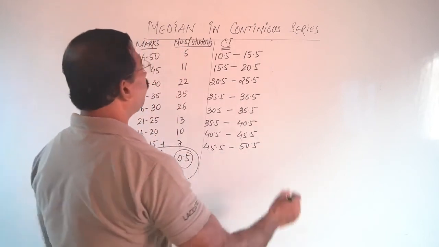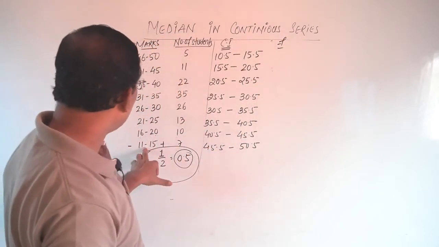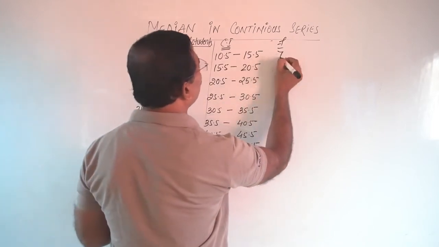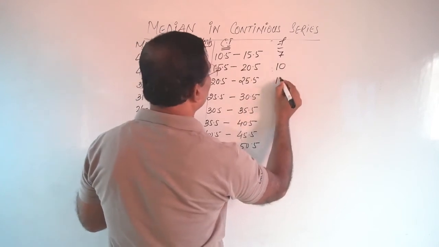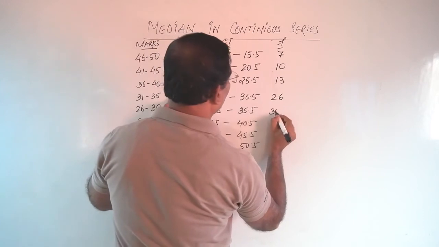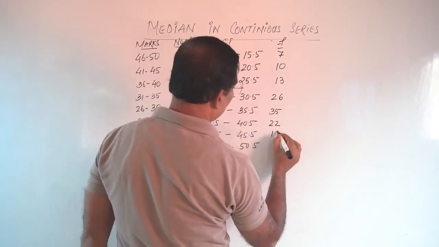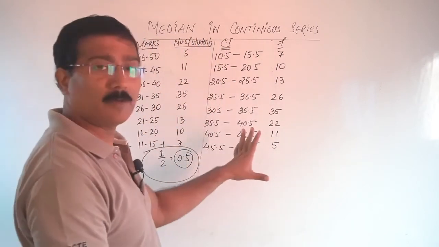Okay, and what about the frequency? It is very clearly given. Between 11 to 15 there are 7 units, so mention here 7, then 10, then 13, then 26, 35, 22, 11 and 5. Very clear?